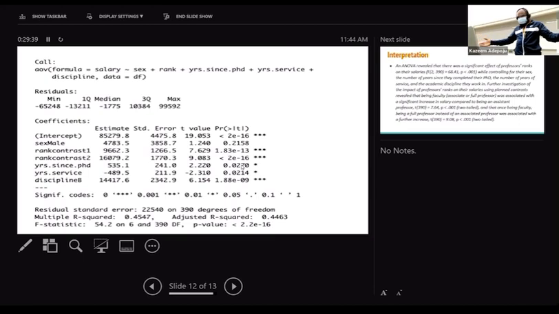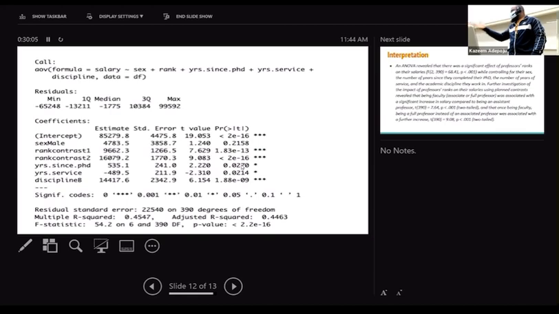An example of such is the years since PhD and years in service. Those are the two quantitative predictor variables, which I'm going to call covariates. And we have 3 categorical predictors: sex, rank, and discipline.